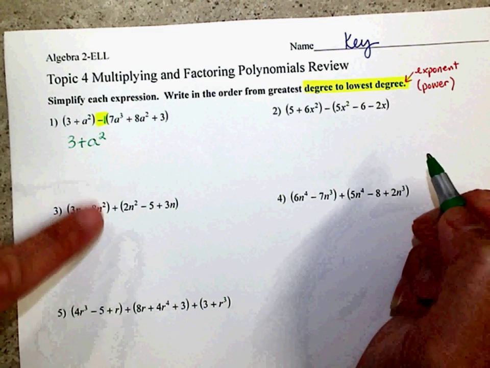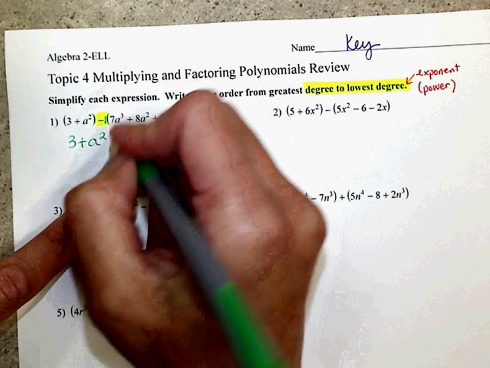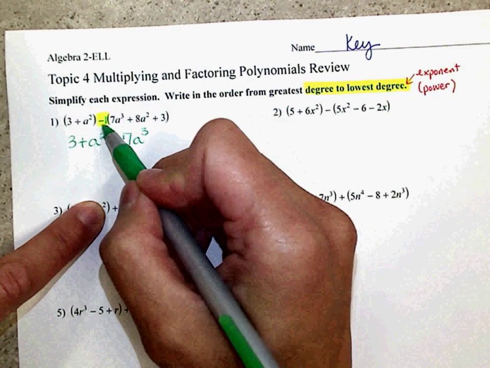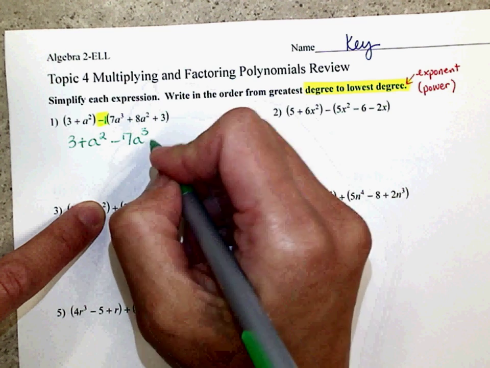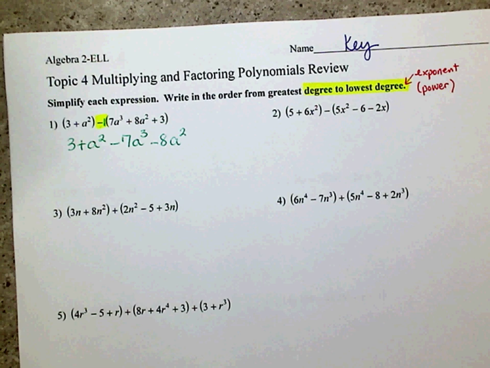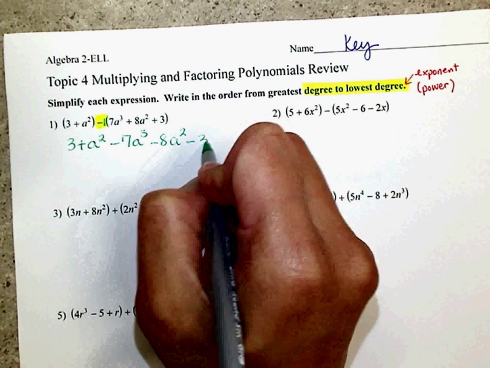Can't do a thing there. Now you're going to distribute that negative. Negative 1 times 7a cubed is negative 7a cubed. Negative 1 times positive 8a squared is negative 8a squared. Negative 1 times positive 3 is negative 3.